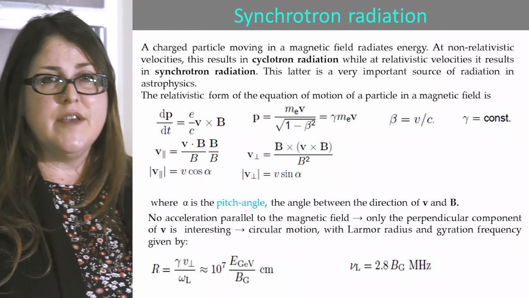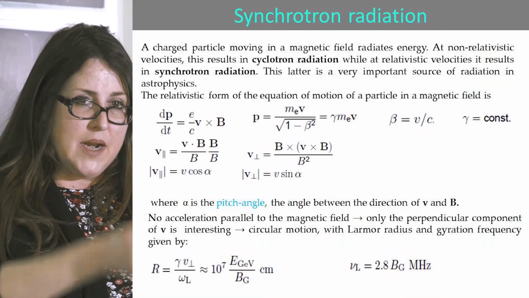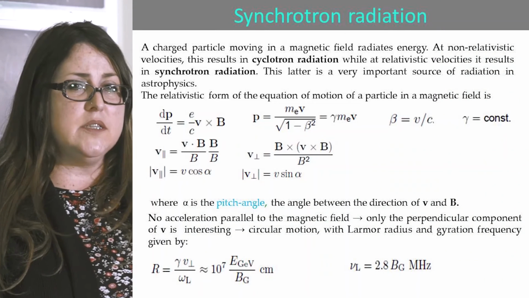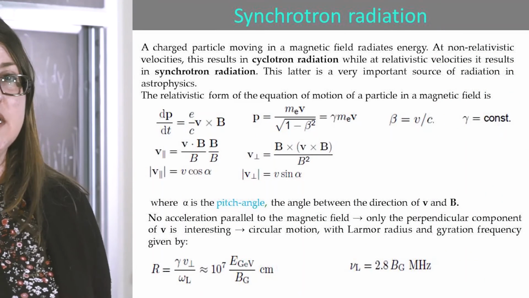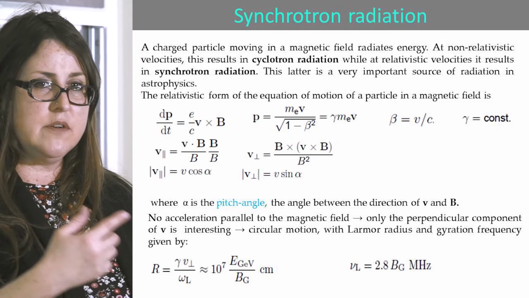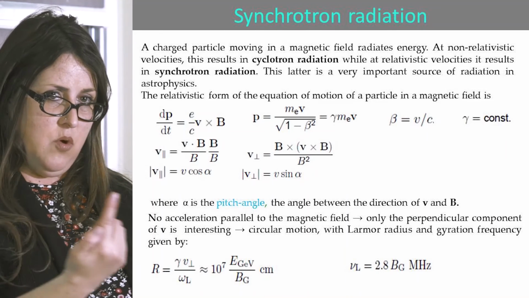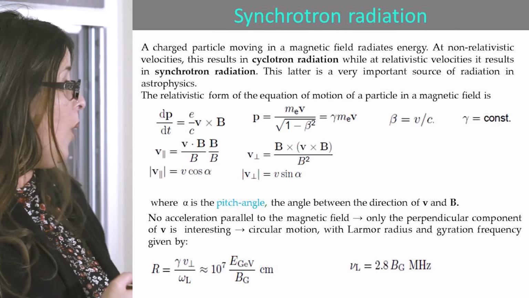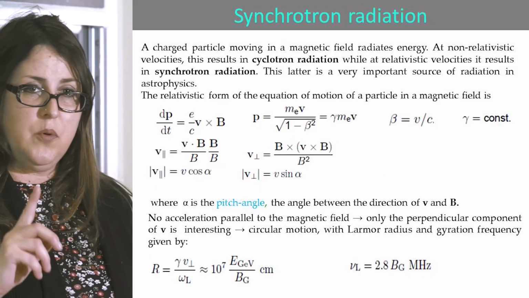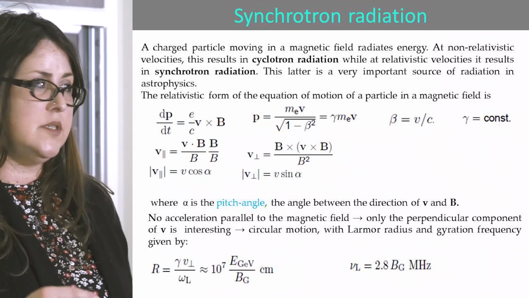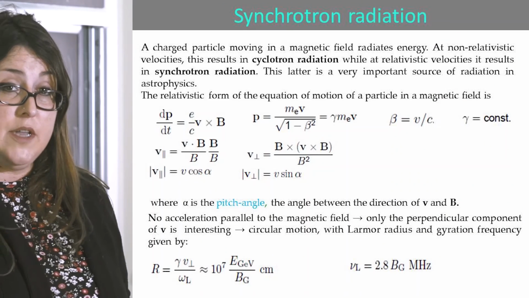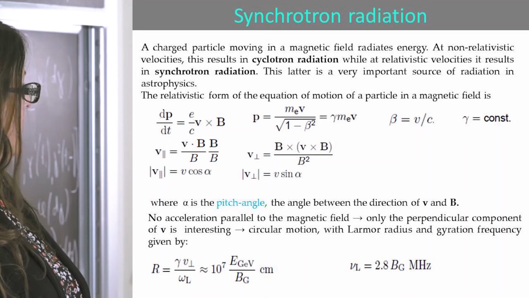So you do not have any acceleration parallel to the line of force of the magnetic field. You only have an acceleration perpendicular, which gives rise to a circular motion of the charge, or if you have a non-zero component of the parallel velocity, a helicoidal motion of the particle.